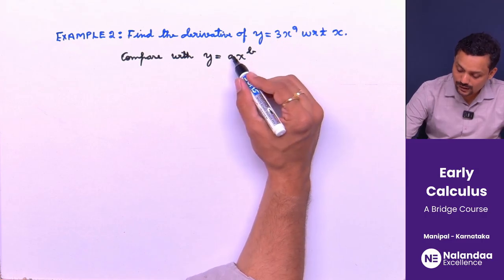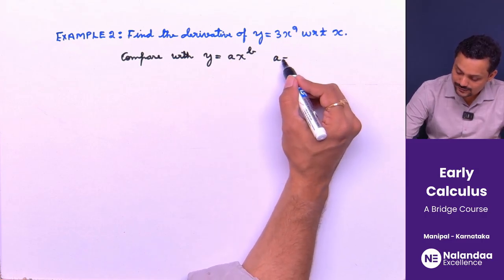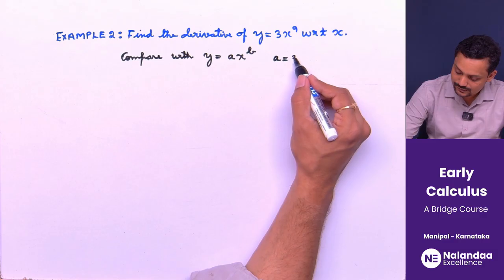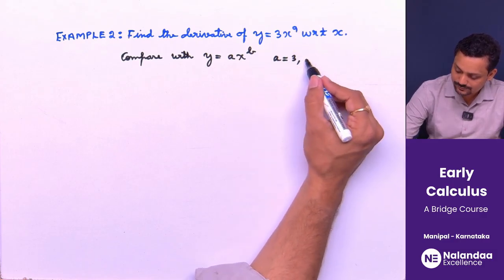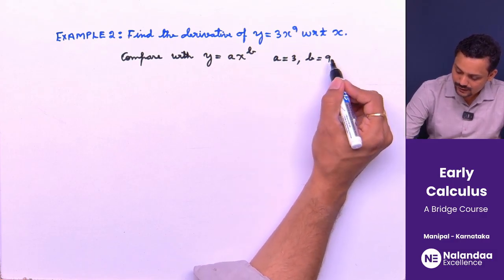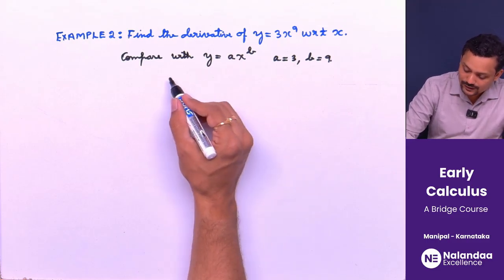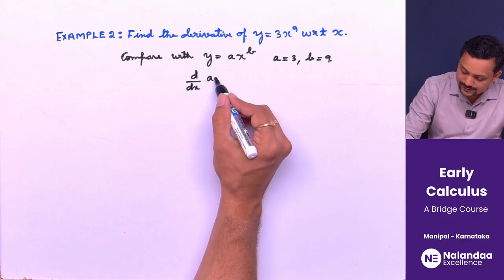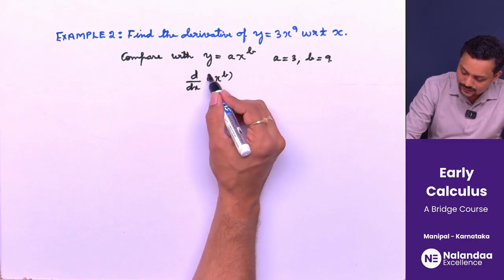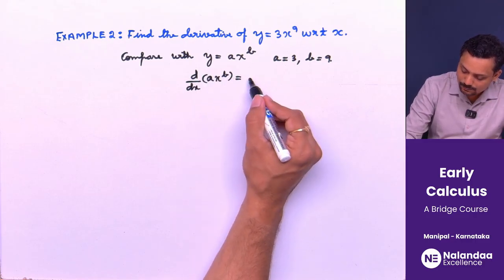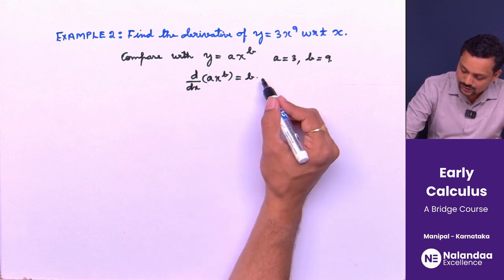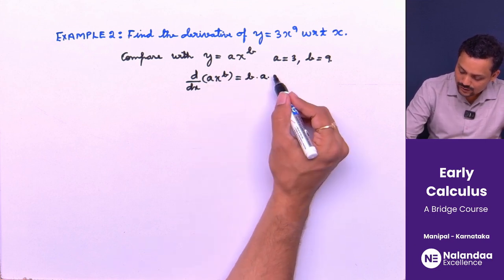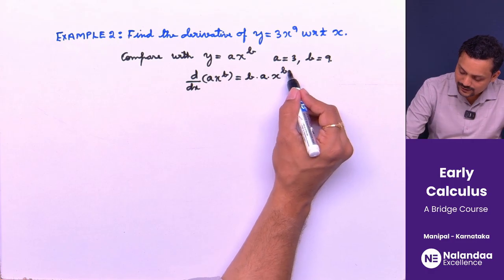So we'll consider the values as a 3, b 9. Now we have the formula d by dx of ax power b is given by b into a into x power b minus 1.